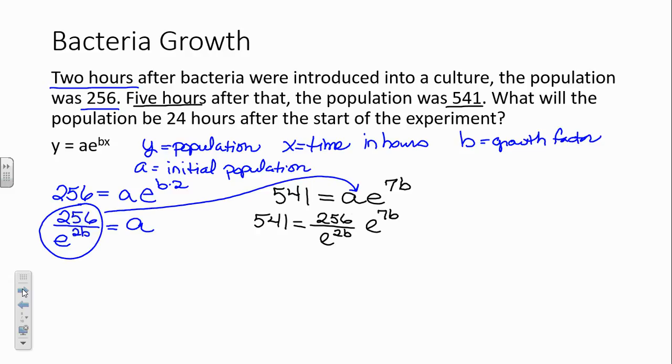What do I do to simplify that? We cancel them and we'll end up with e to the 7b over 2b. So we have an e to the 5b. Now we want to get that e to the 5b by itself, so we divide.